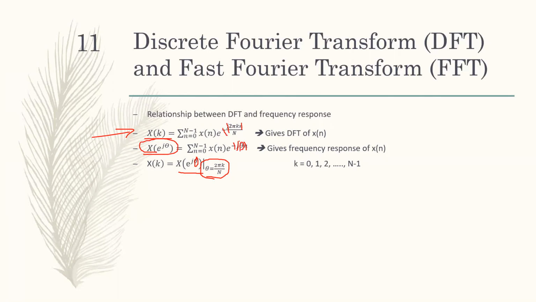Therefore, if theta is equivalent to 2 pi k by N, then I'll be able to get the frequency response and the DFT of that sequence. This is the relation between the DFT of a sequence and the frequency response of the signal.